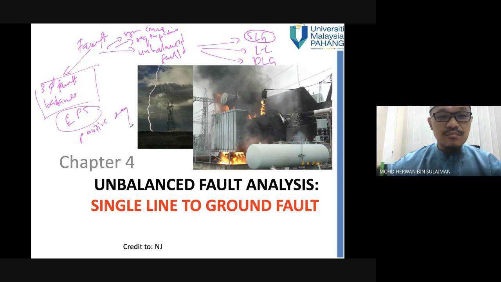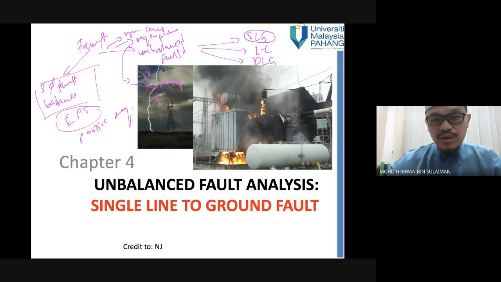And then we learn about negative sequence as well as zero sequence before we can go for unbalanced faults.